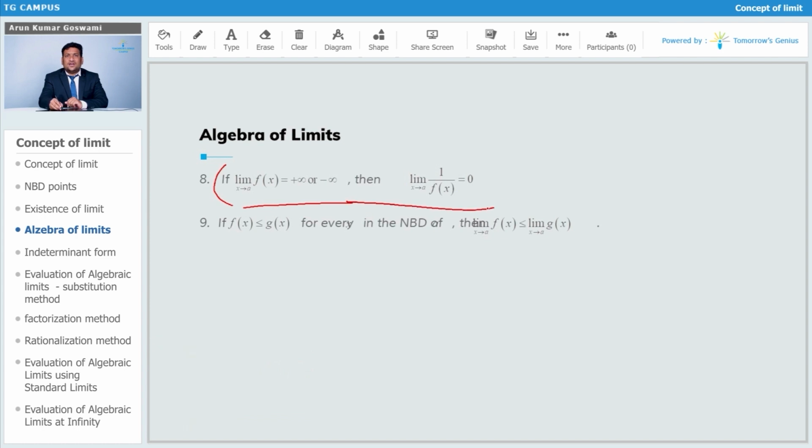Now what we have here is the ninth property, the last one. If f of x is less than or equal to g of x for every neighborhood point, then limit x tends to a f of x is less than or equal to limit x tends to a g of x.